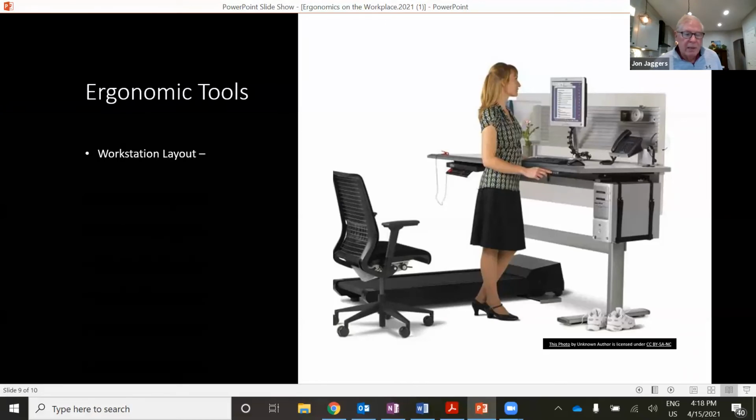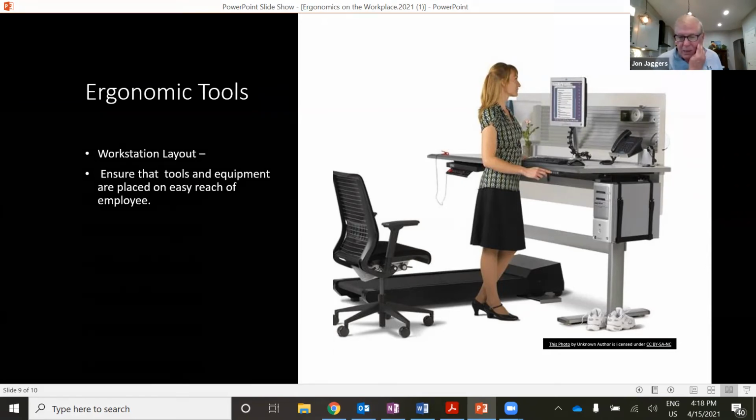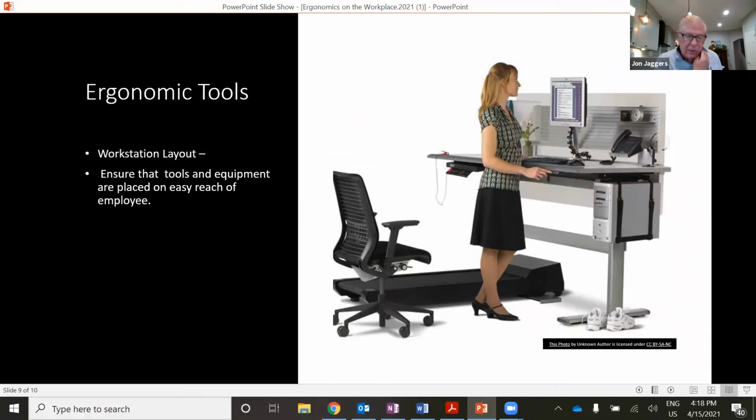This kind of goes back to the workstation. Now, granted, this is probably an office environment we're looking at, but these adjustable workstations are really amazing. From a standpoint of the layout of the station itself, you've got to make sure that everything is easily placed where the employee can reach it without strain.